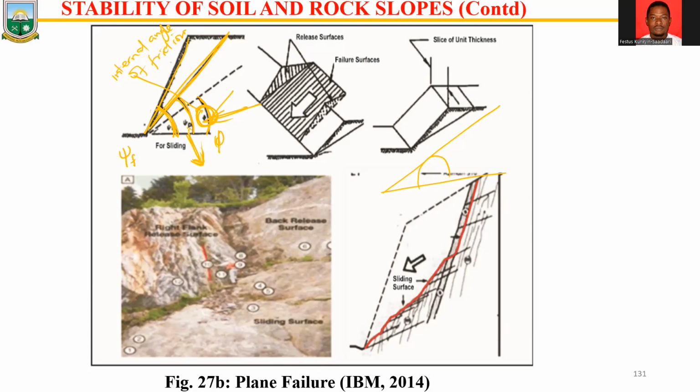That angle here, which is psi p, is the plane angle which caused the failure. So these are the three conditions that must be satisfied in terms of the angles for a planar failure to occur.